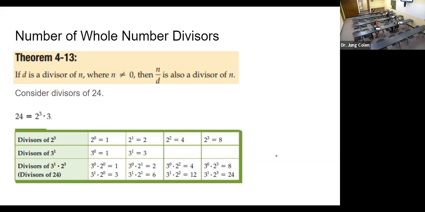So there are 2 divisors for 3. So when we are multiplying them together, we can just say, oh, there are 4 of them, and there are 2, so 4 times 2, total 8. So for the number of divisors, you can always add 1 more to the power in the prime factor, and you can multiply them together.